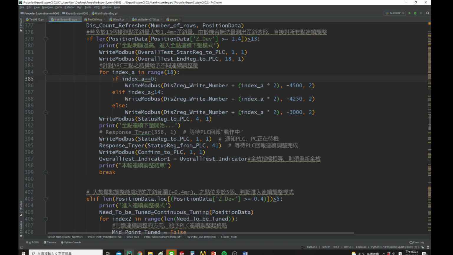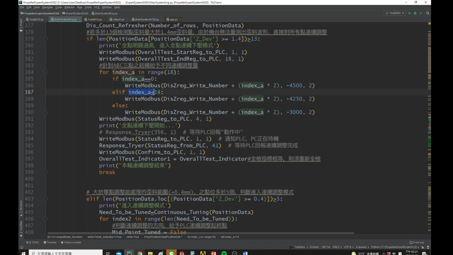For example, if the point equals 0, that means point 1. Yes, point 1. And then we give it 4.5 millimeter of displacement.